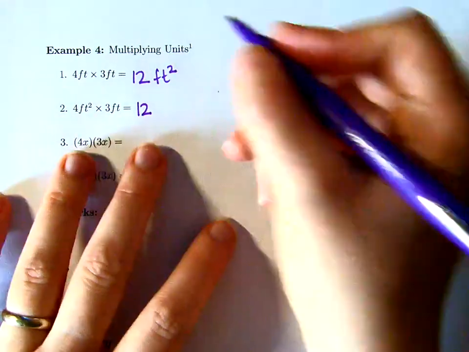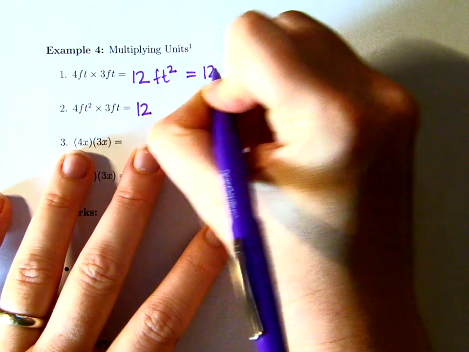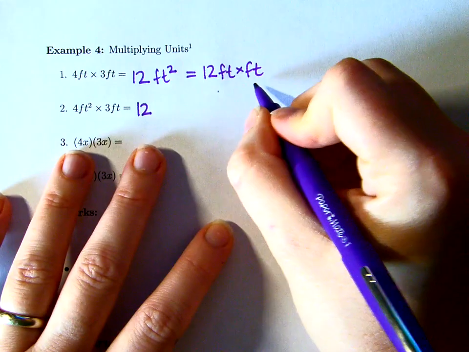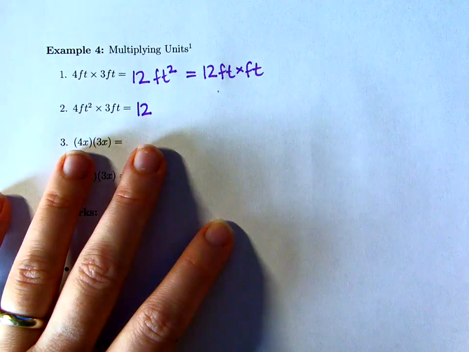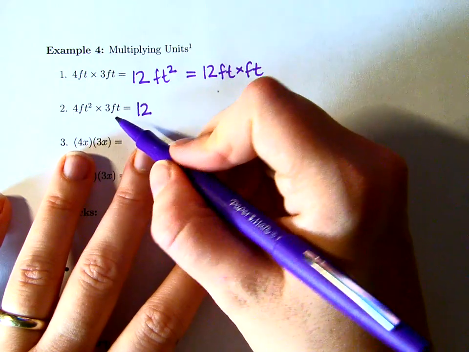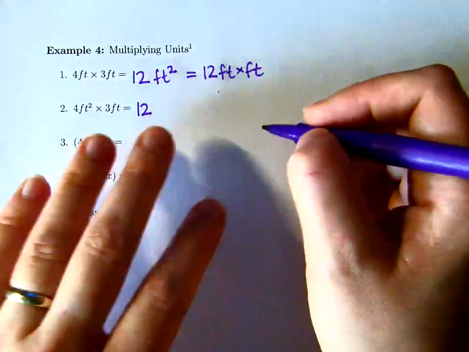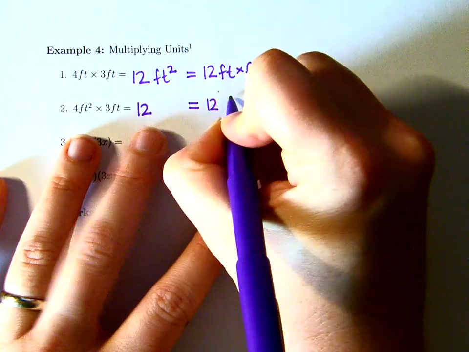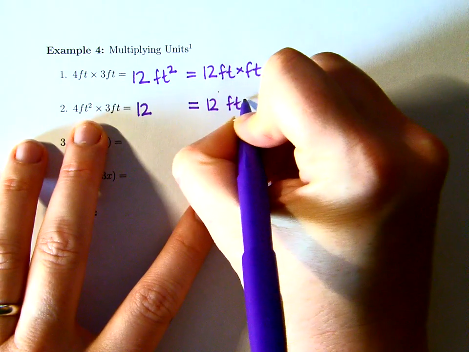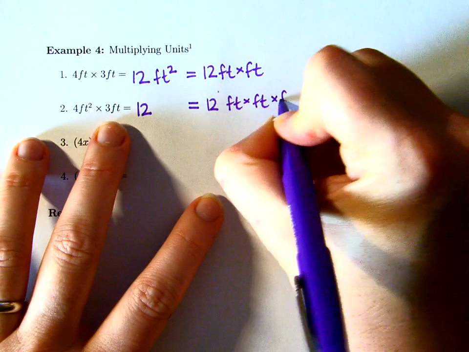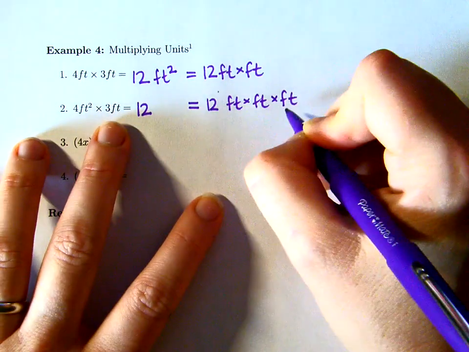Okay, so now we have 4 square feet by 3 feet. So when this is written out, this would be 12 foot by foot to create square feet. Here we have foot by foot by foot. So in this particular instance, I'm going to write it out over here too. We have square feet, which is feet by feet, and then times another foot, which is now cubes.